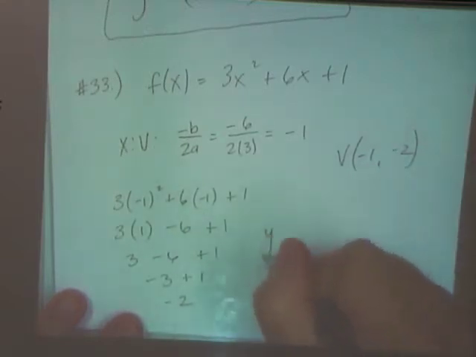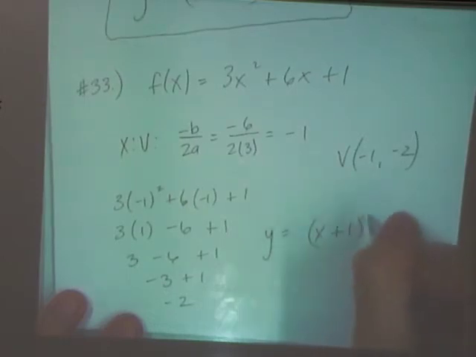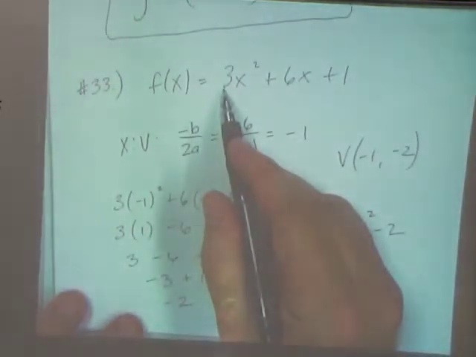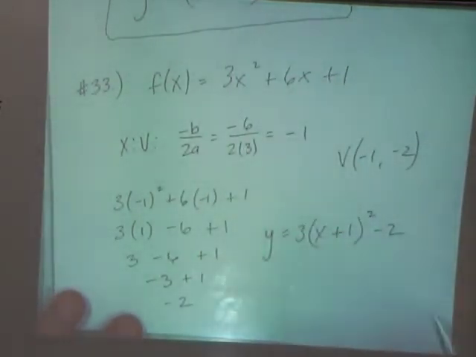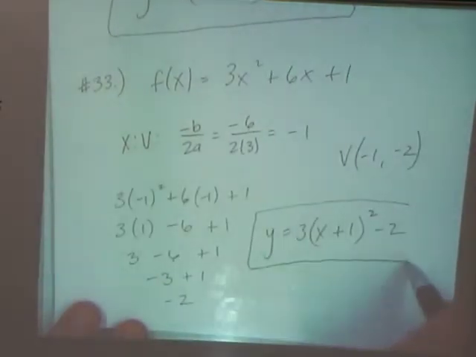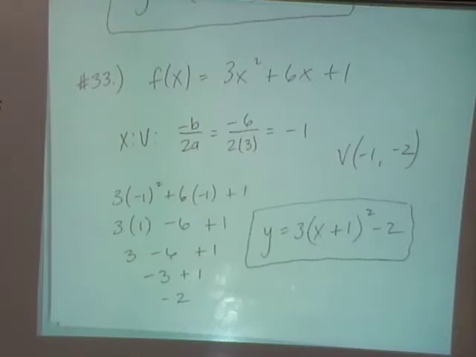So vertex form is going to be y equals 3 times (x plus 1) squared minus 2. The a value is the same as the a value here, so that 3 goes there. Questions on 33?